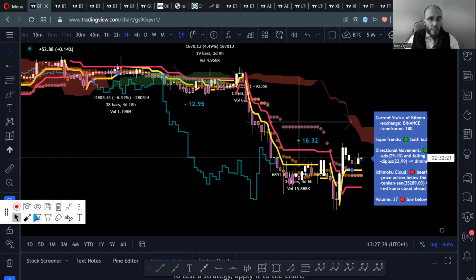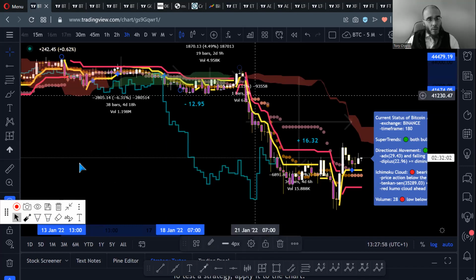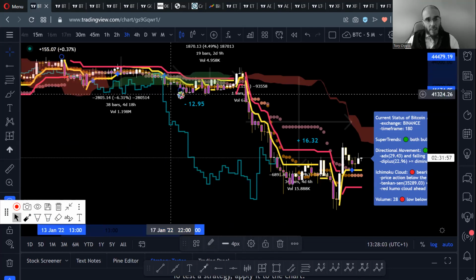So you enter when Ichimoku tells you to enter, and you stop out when Ichimoku tells you to stop out, and you enter again when Ichimoku tells you to enter. Every time Ichimoku tells you to go long or short, you go long or short. So first you would have entered, and you would have ended up here, and you would have exited here.